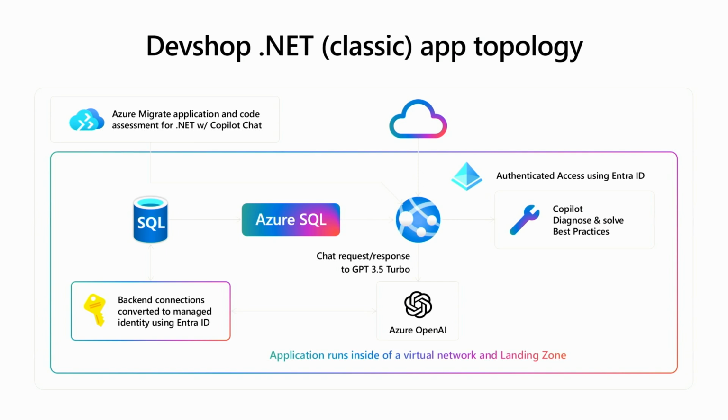What we have in this web app is a framework web application called DevShop, which is backed by an Azure SQL database. Remember, all the communication between different endpoints, be it OpenAI or database, is secured over managed identity, and they are all isolated within their own virtual networks.